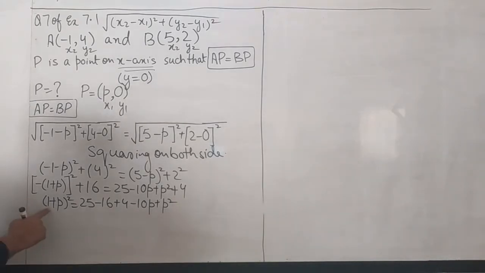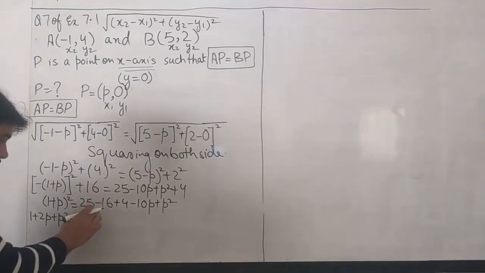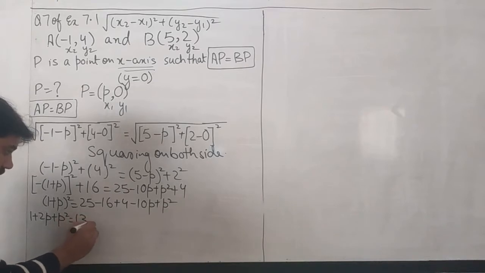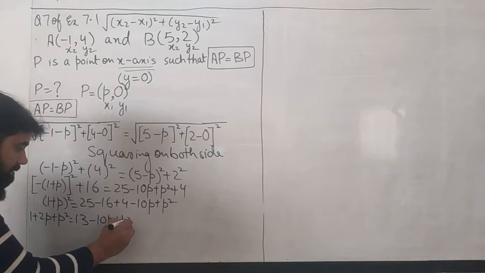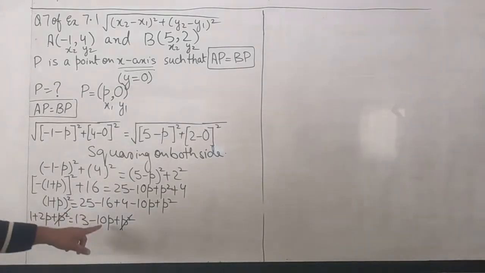Okay, now expanding this, 1 plus 2p plus p square equals 25 minus 16, and the answer will be 9 plus 4. 9 plus 4, the answer will be 13 minus 10p plus p square. Okay, p square and p square will be cancelled, right? Shifting minus 10p over here and 1 on that side.